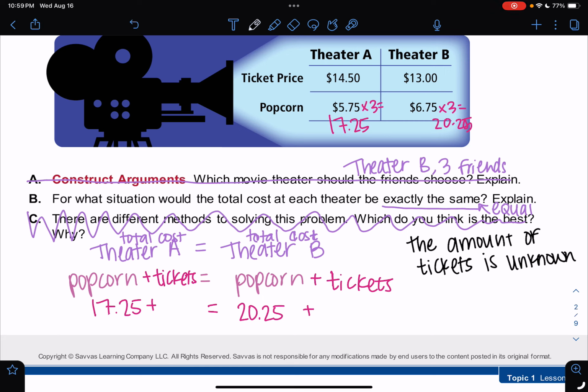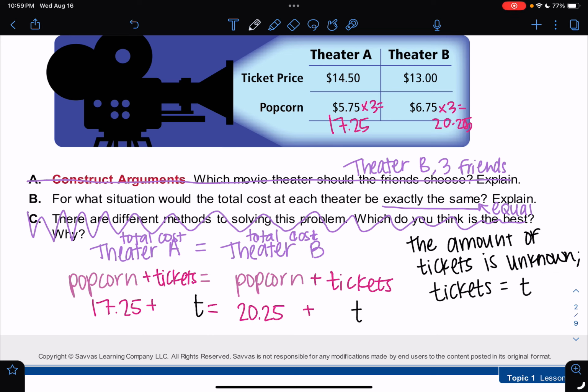All right, and when we have an unknown value, we're going to assign it a letter, a variable. Okay, so let's make it easy on ourselves, and let's call the tickets T. So we've got T, some amount of tickets, and now we just need to assign the value for each ticket and apply it to each theater.